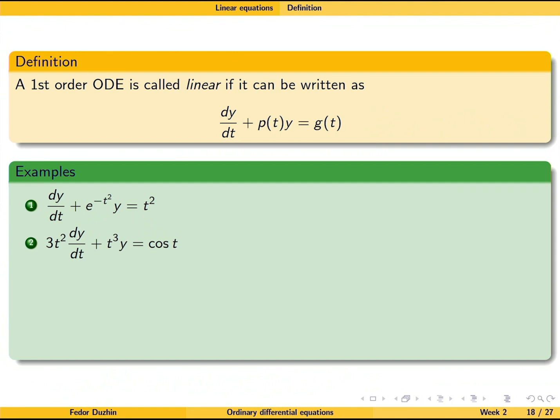And then we are going to get dy/dt plus t over 3 y equals 1 over 3 t squared cosine t.